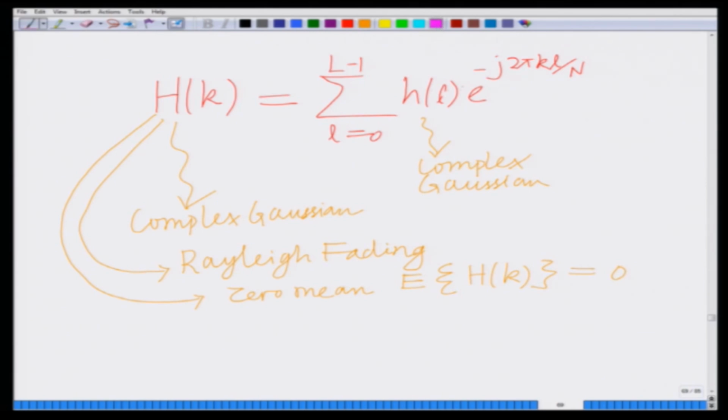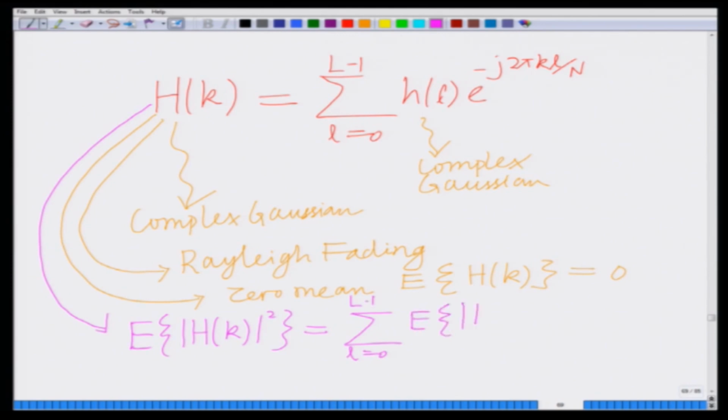Further, each of the small h l are uncorrelated, therefore it follows that the expected value of magnitude H k square is equal to summation l equal to 0 to L minus 1 of the expected value of magnitude small h l square times magnitude e to the power of minus j 2 pi k l over N whole square, which is 1 anyway.